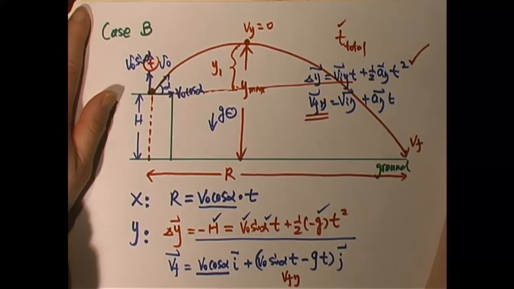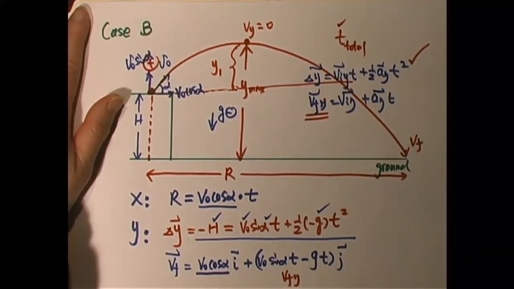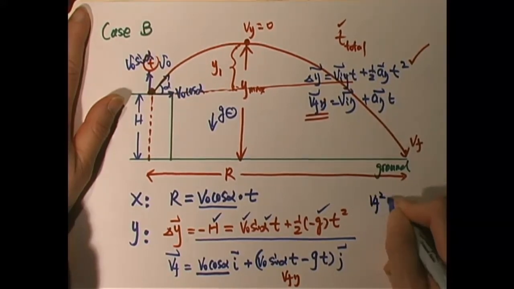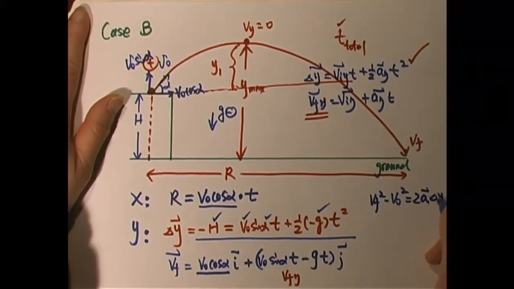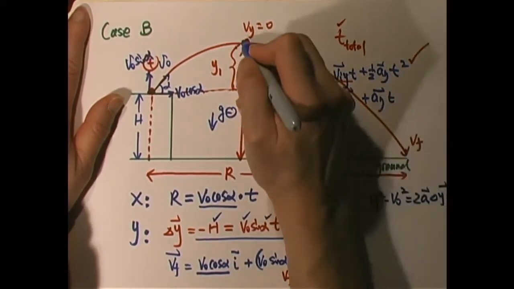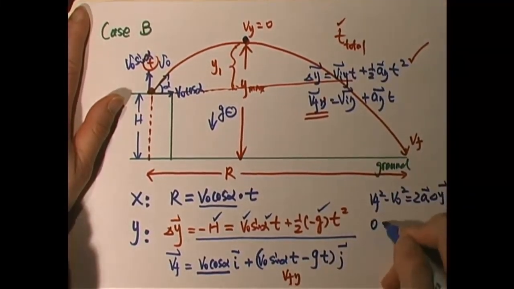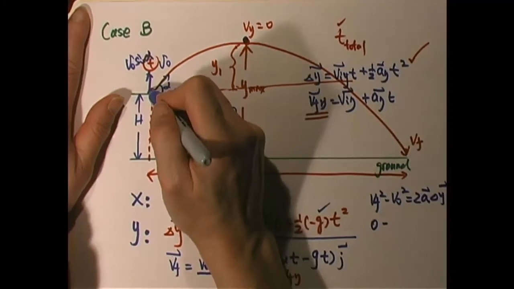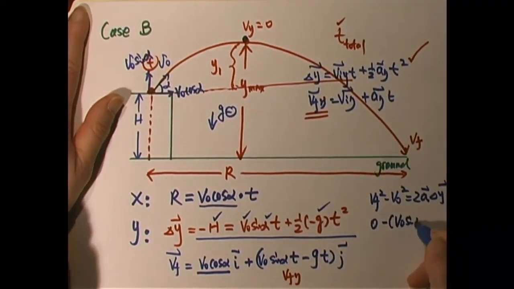How? Do you remember that? We use this equation: v final squared minus v initial squared equals 2a delta y. Final is right here, 0. Say v final y is 0. We apply it to the y direction. Initial is V0 sine alpha, squared, equals 2 times a, which is negative g because it's the y direction.